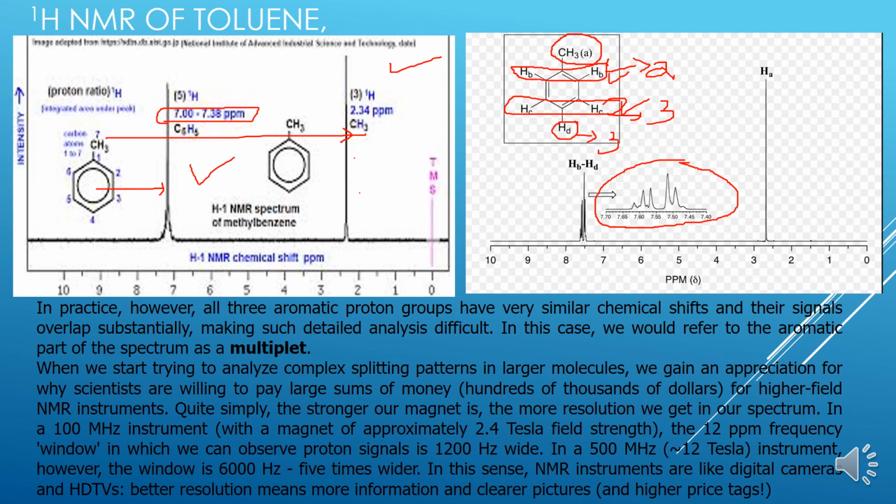So this is about the aromatic protons Hb to Hd. The methyl protons have no neighboring protons, therefore no splitting, and only one peak is observed. It is more shielded and the aromatic one is less shielded, as far as chemical shift is concerned.